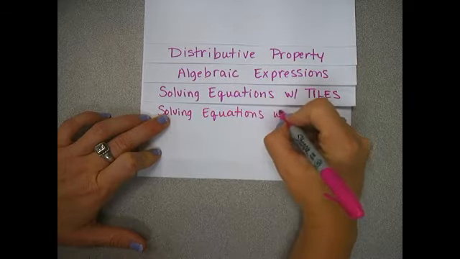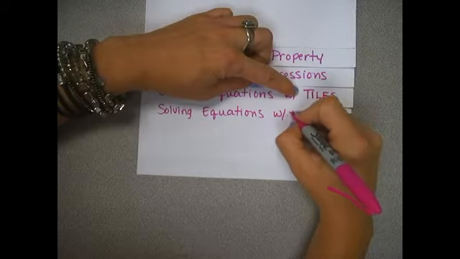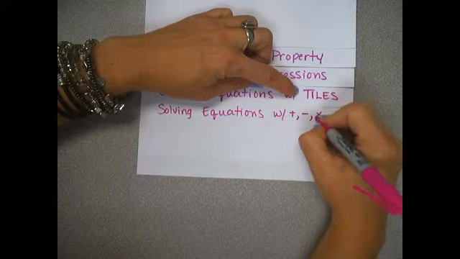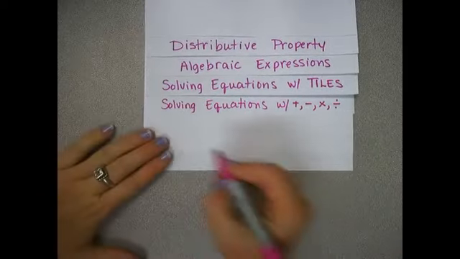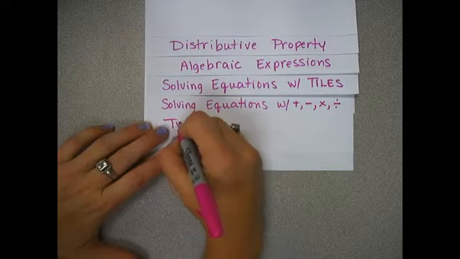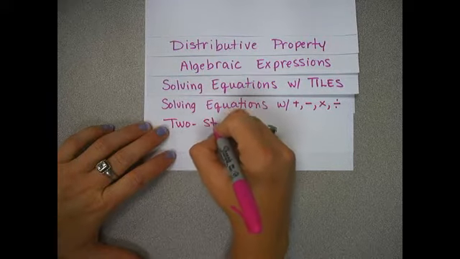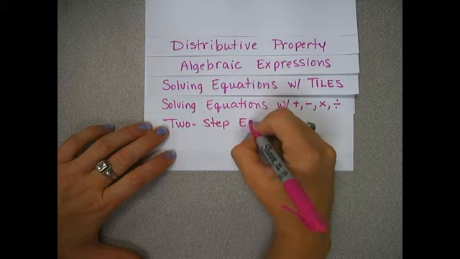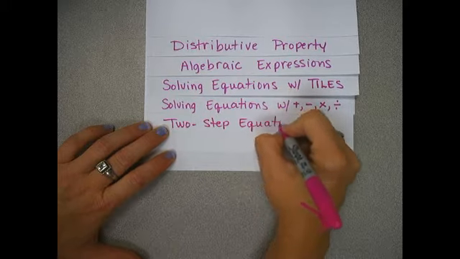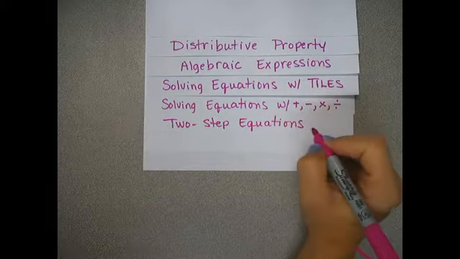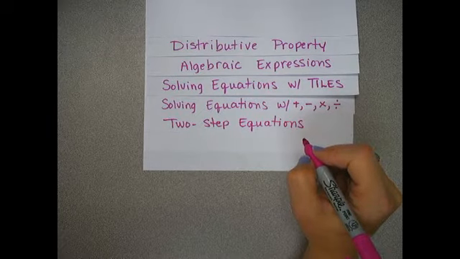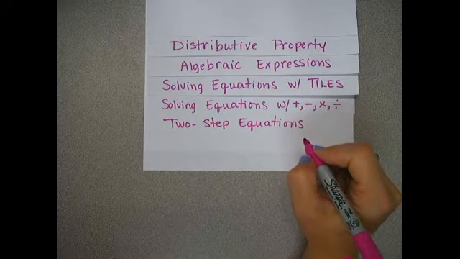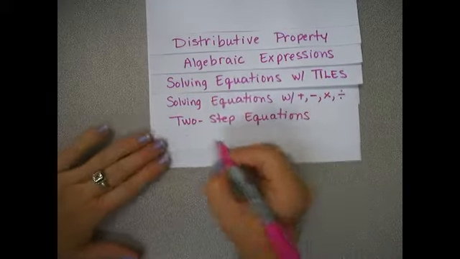The next one, solving equations with addition, subtraction, multiplication, and division. The next one is called two-step equations. And lucky me, we've got a few extra spots than I thought.